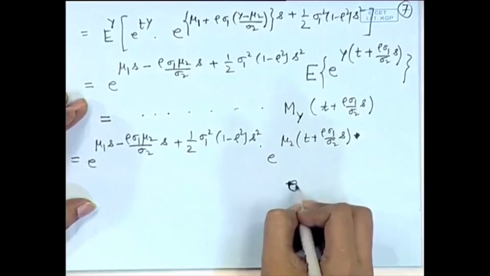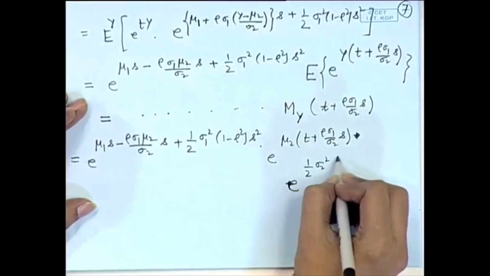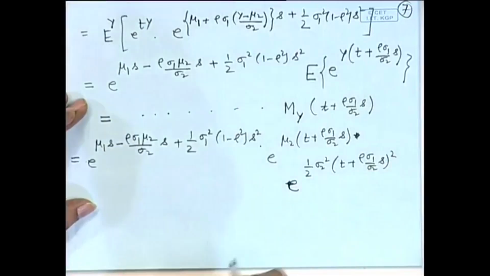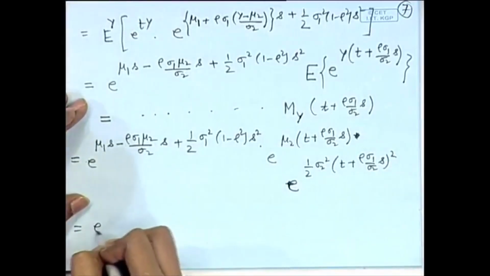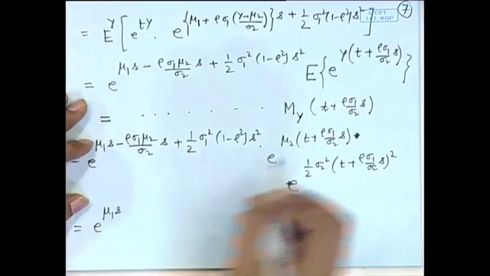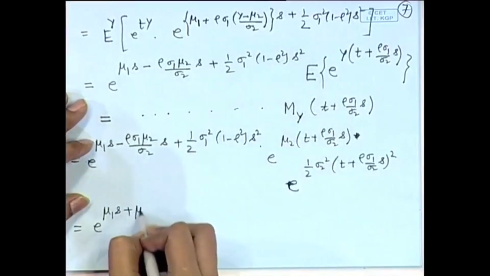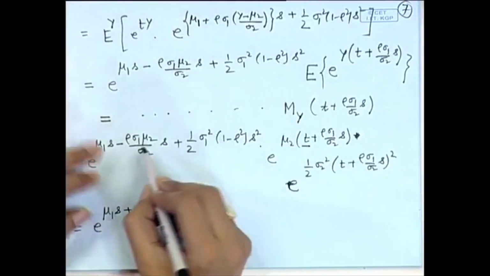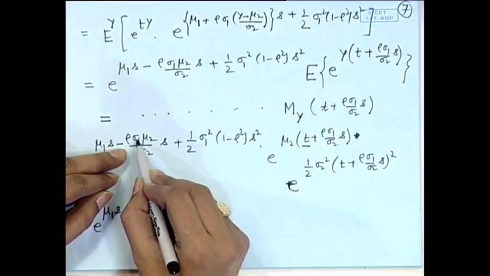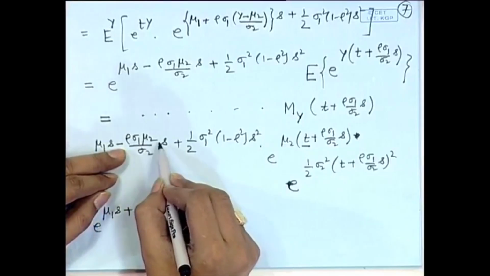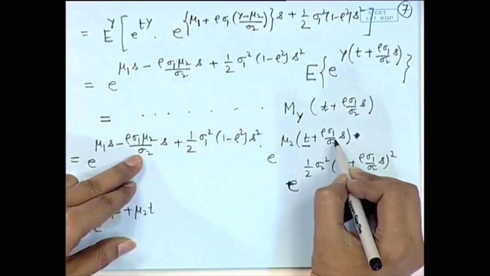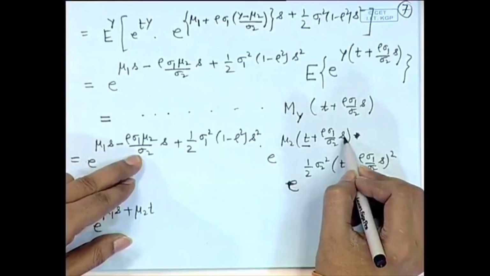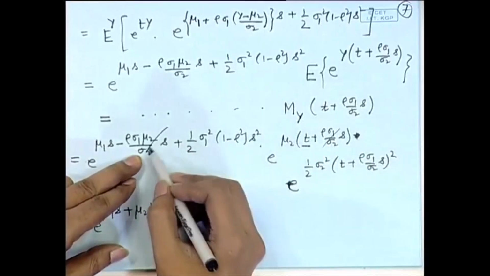half sigma 2 square (t plus rho sigma 1 by sigma 2 s) whole square). So, we have e to the power (mu 1 s plus mu 2 t), that is this term. Now, we note here minus rho sigma 1 by sigma 2 mu 2 s. This term is coming here also with a plus sign, plus rho sigma 1 by sigma 2 mu 2 s, so this term gets cancelled with this term.